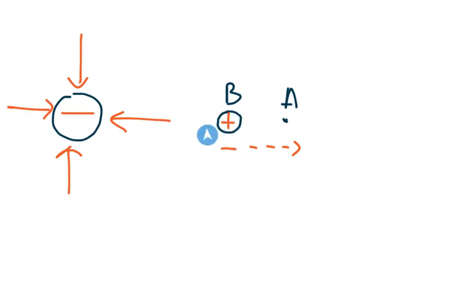We have B positive and a negative, and due to nature, we know that they attract each other. This B kind of wants to go in this direction, but we don't want it to go this direction. We want to go against the electric field. When we want to go against nature, we need to apply some work. So we have work right here.